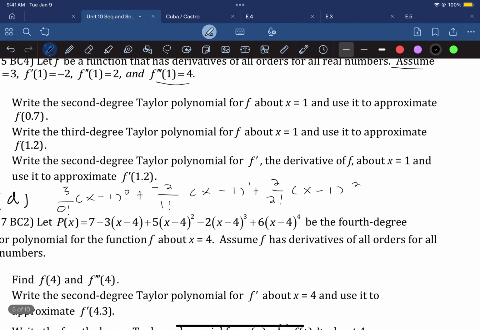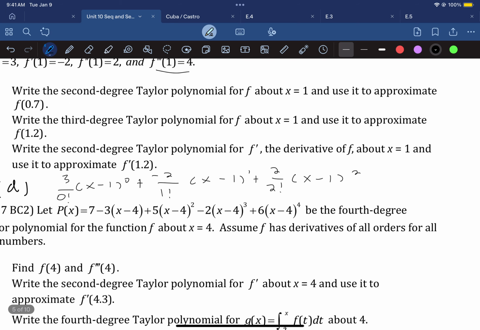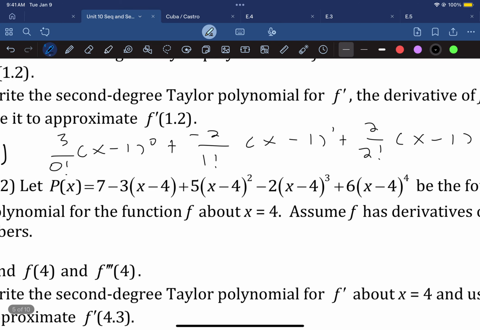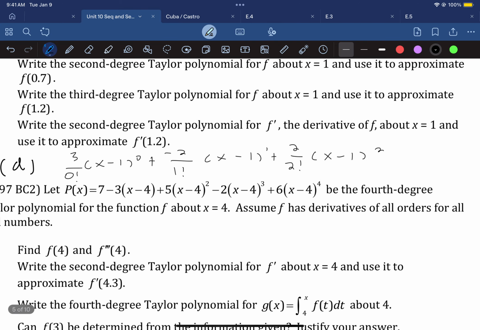This is what the general Taylor series looks like when we have to deal with the second degree.